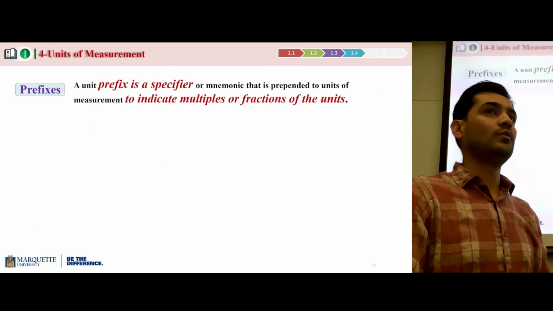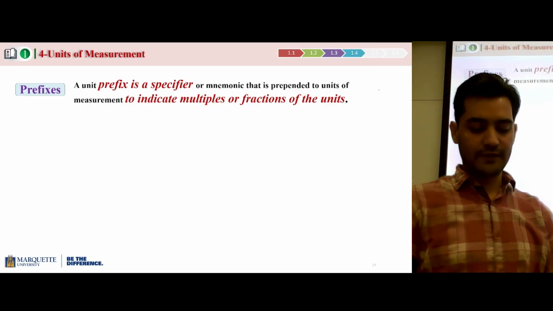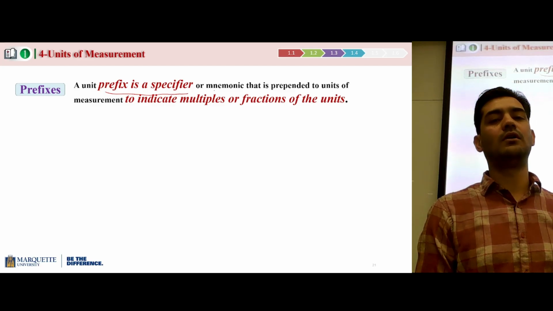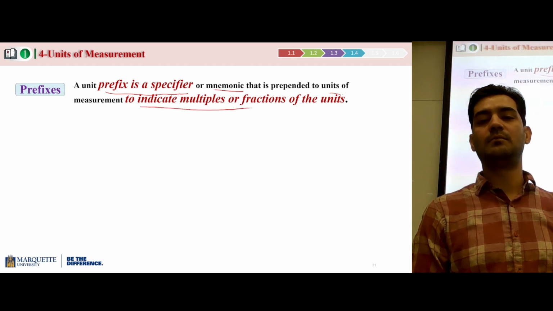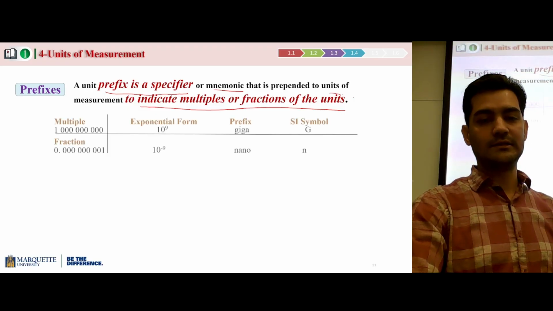And there's another thing called a prefix that goes with the unit. A prefix is a specifier or a mnemonic that's added to the units. What it does is indicate multiples or fractions of a unit.